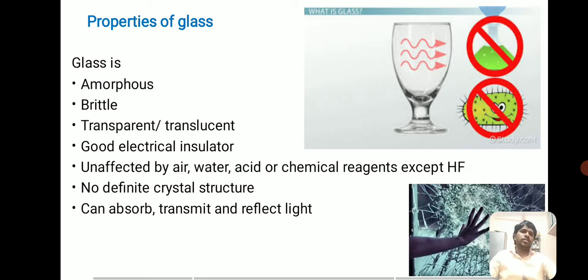Coming to the properties of glasses. Glass is amorphous in nature and it is brittle. Brittle means it is hard, but it is breakable, and it is transparent as well as translucent, and it is a good electrical insulator, and it is unaffected by air, water, acid, or chemical reagent except HF, that is hydrogen fluoride.